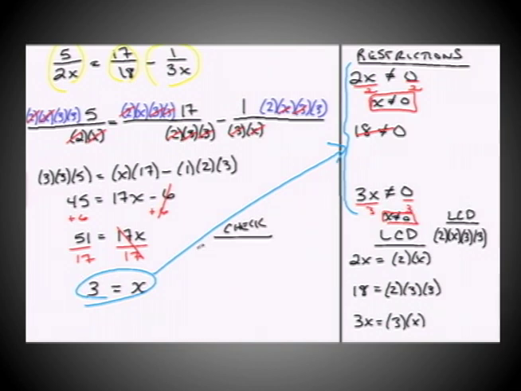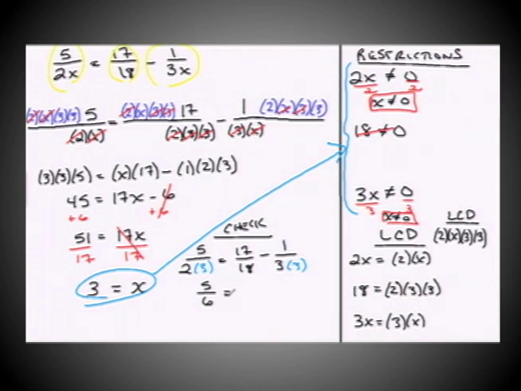All right, and you always check in the original equation. So 2 times 3 equals 17 over 18 minus 1 over 3 times 3. All right, so just continuing to simplify, I have 5 over 6.